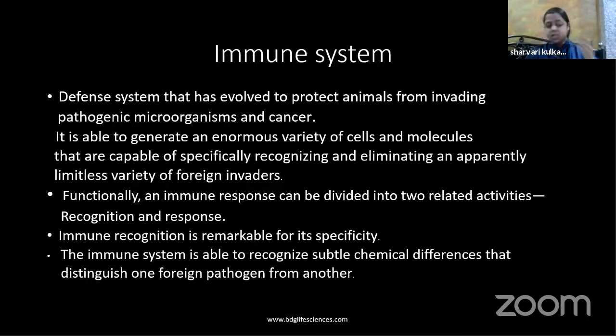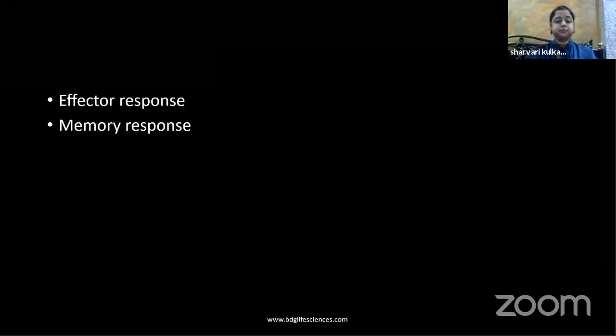The immune system is able to recognize subtle chemical differences that distinguish one foreign pathogen from another. Okay, so specificity and recognition. Due to chemical differences, it has the capacity to distinguish one foreign pathogen from another.